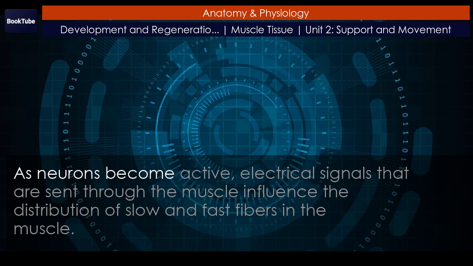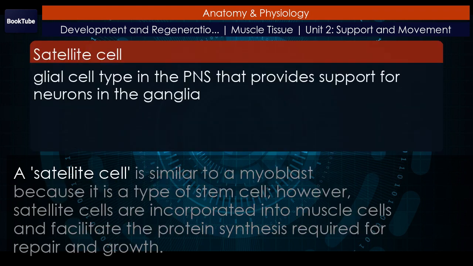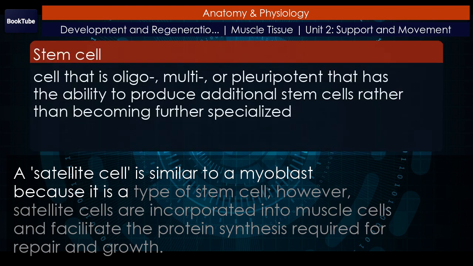As neurons become active, electrical signals that are sent through the muscle influence the distribution of slow and fast fibers in the muscle. Although the number of muscle cells is set during development, satellite cells help to repair skeletal muscle cells. A satellite cell is similar to a myoblast because it is a type of stem cell.